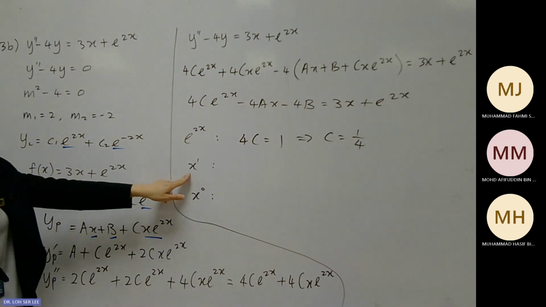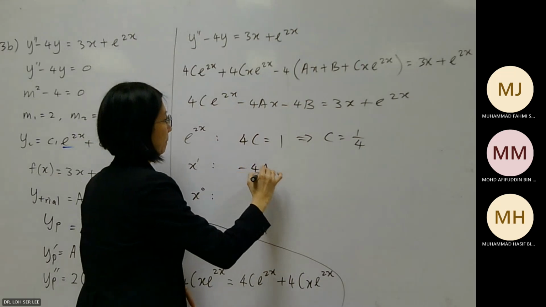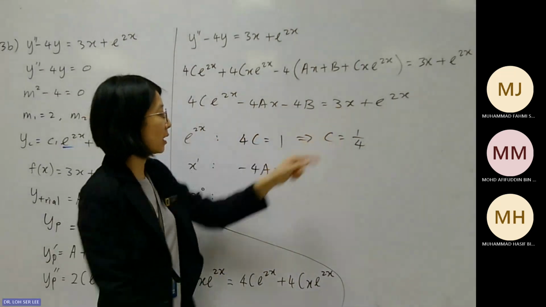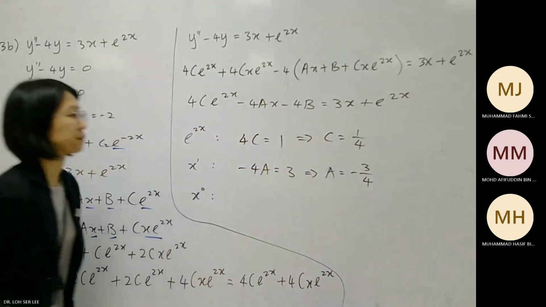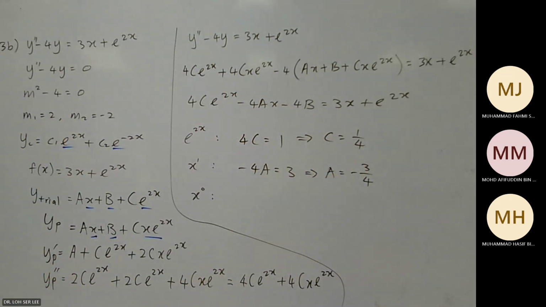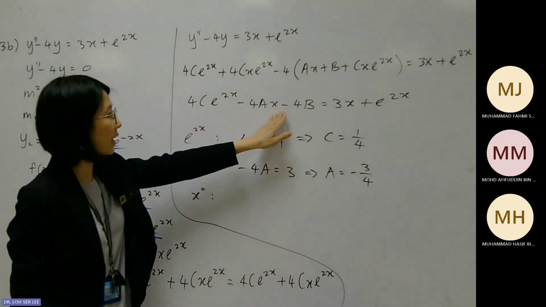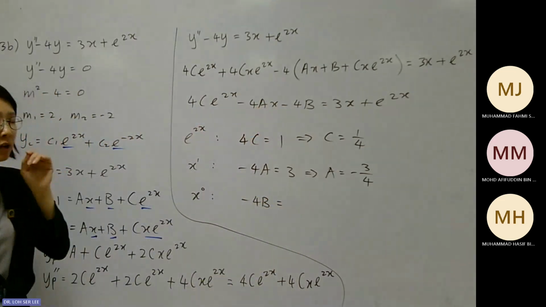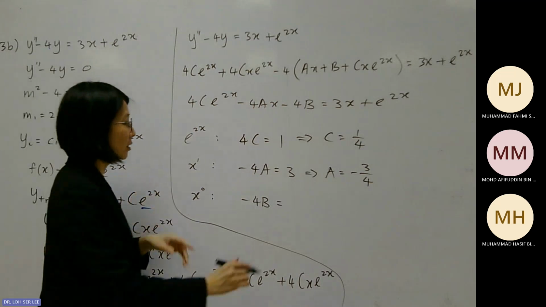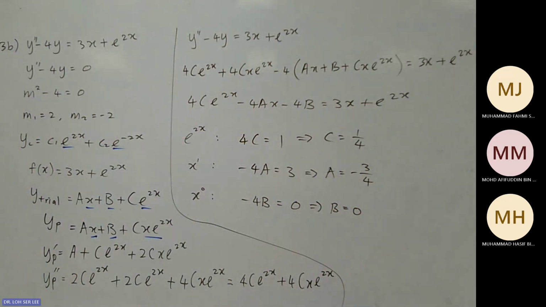For x on the left, we have negative 4a, and on the right, we have 3. For constant only, on the left, we have negative 4b, and on the right, we do not have a constant, so 0. Now you have the values of A, B, C, so update your yp.